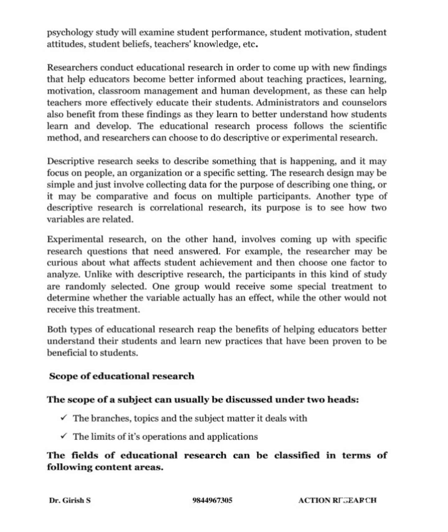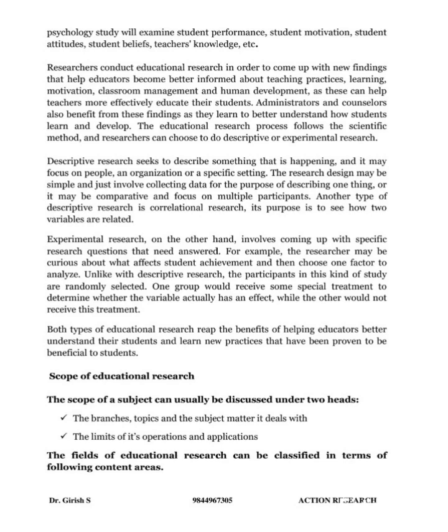The educational research process follows the scientific method, and researchers can choose to do descriptive or experimental research. Descriptive research seeks to describe something that is happening, and it may focus on people, an organization, or a specific setting.